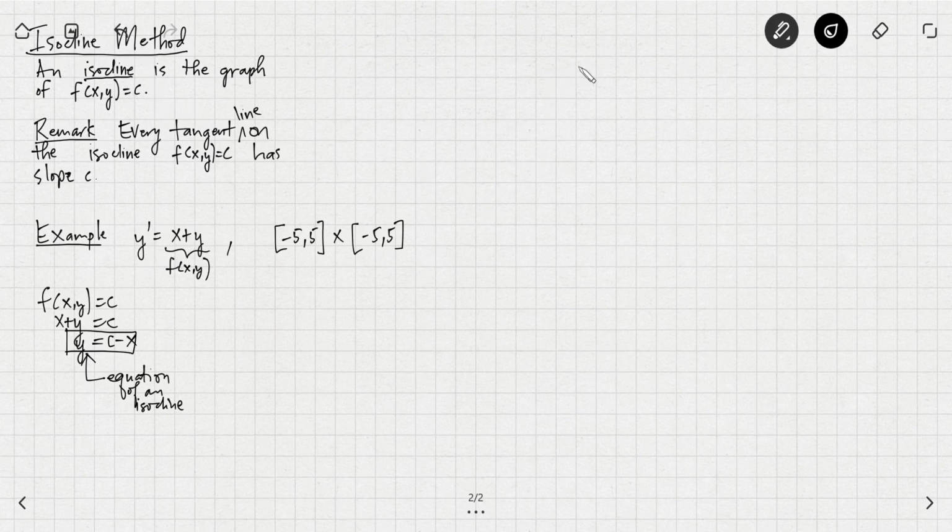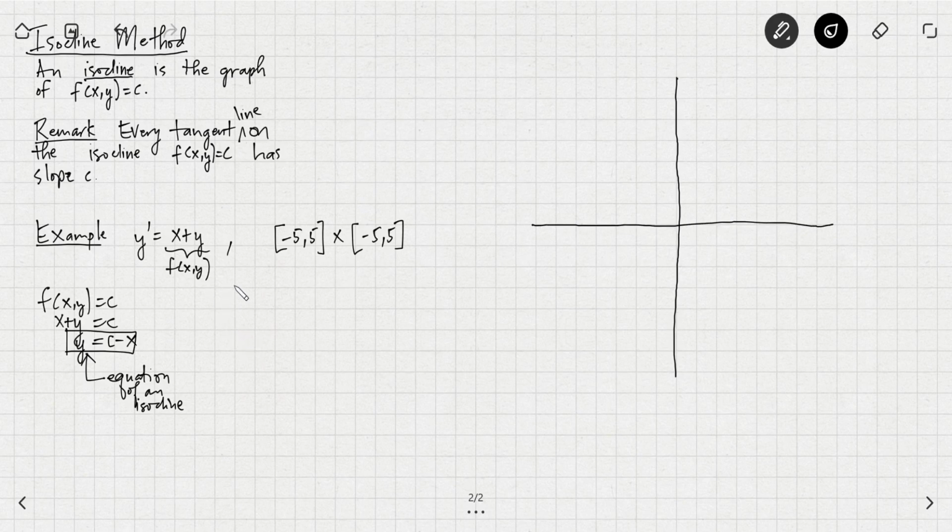Okay. So, mag-sketch tayo ng grid. Maybe here. So, hopefully, pasok dito yung region natin. So, x and y should be between negative 5 and positive 5. Okay.